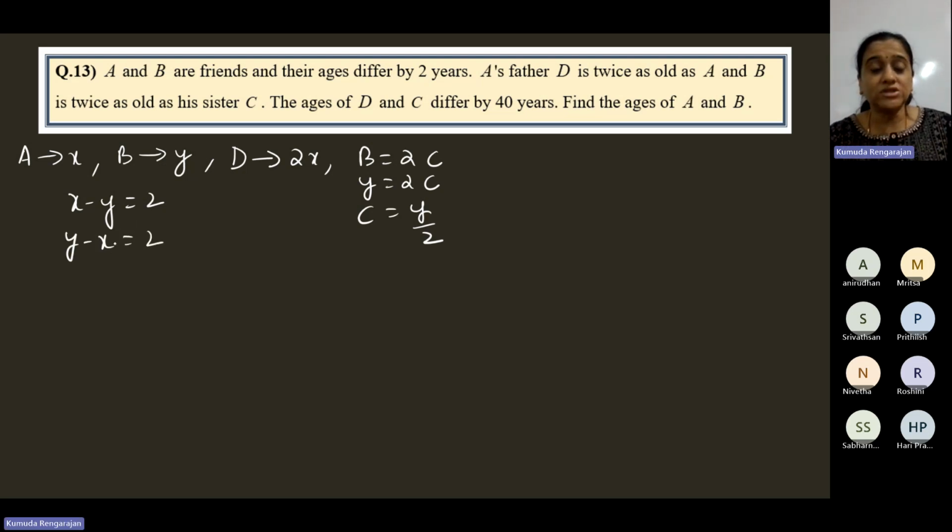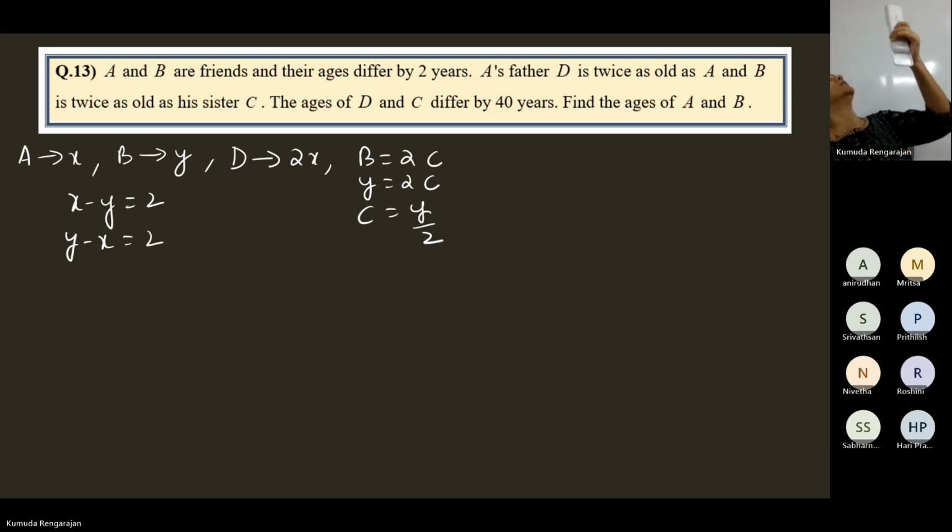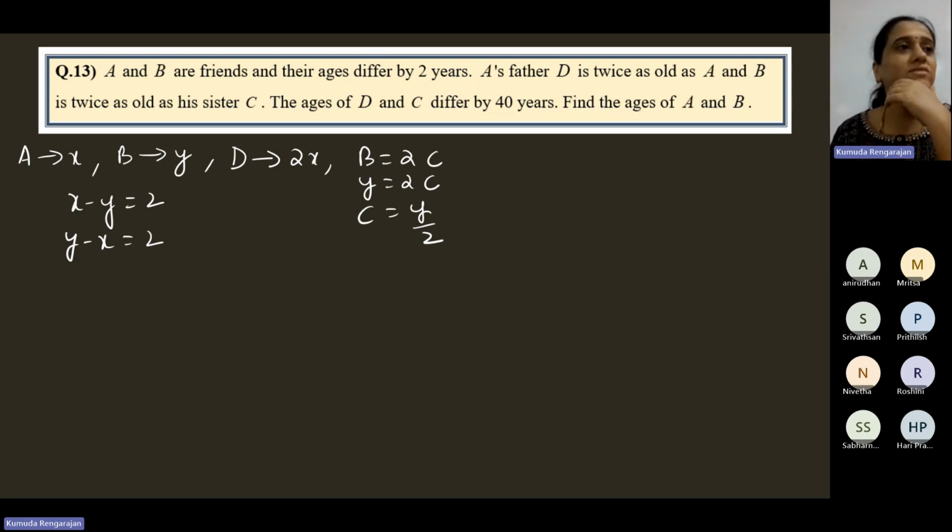But you should never solve these two equations constructed from the same information. When you construct two equations using the same information, you should not try to solve them. So don't solve these two equations.